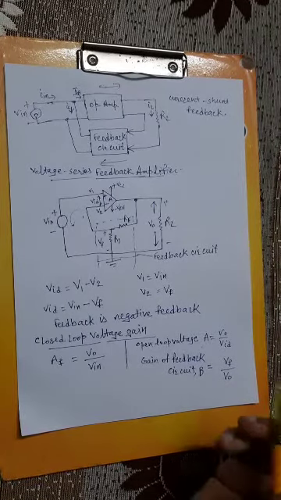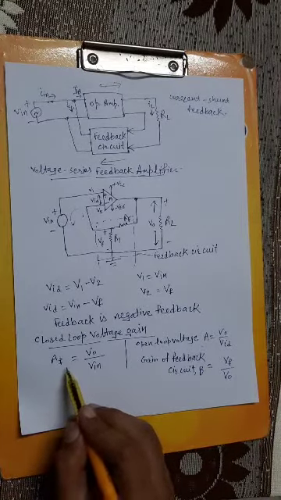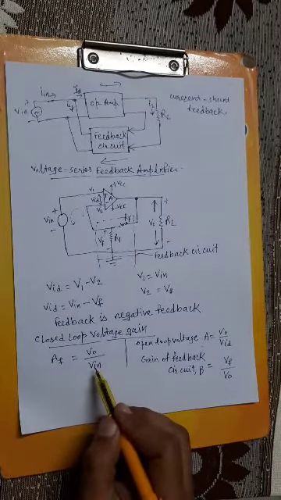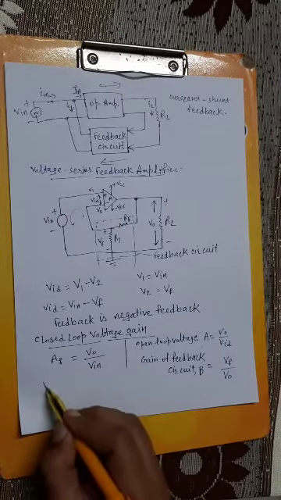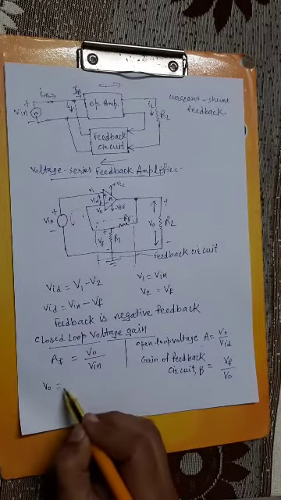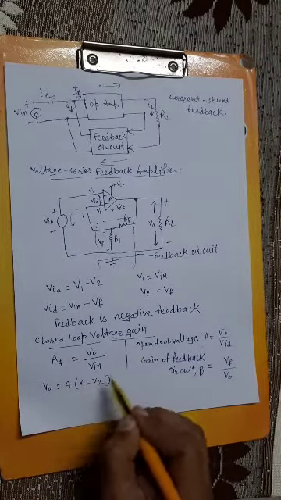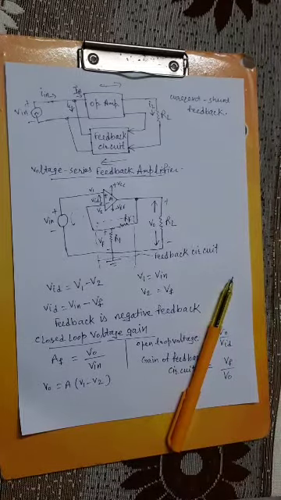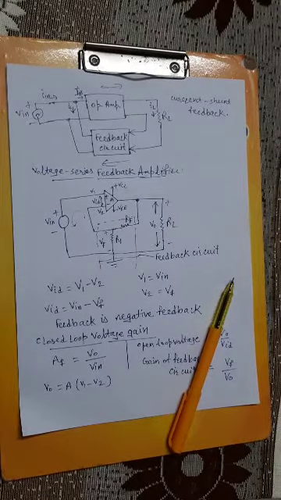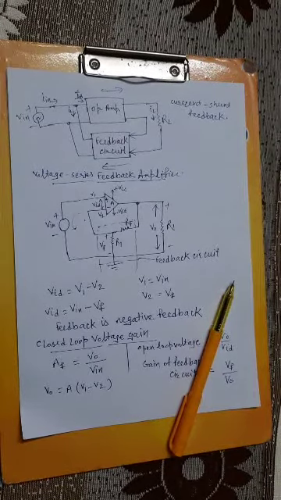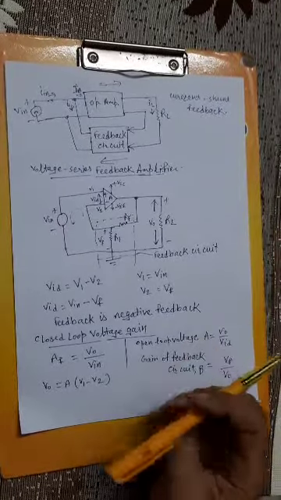Okay, so we just write here, AF closed loop voltage gain is equal to V naught by V input. But we know that V naught is equal to A into (V1 minus V2). Okay, this is a very typical equation of our op-amp.